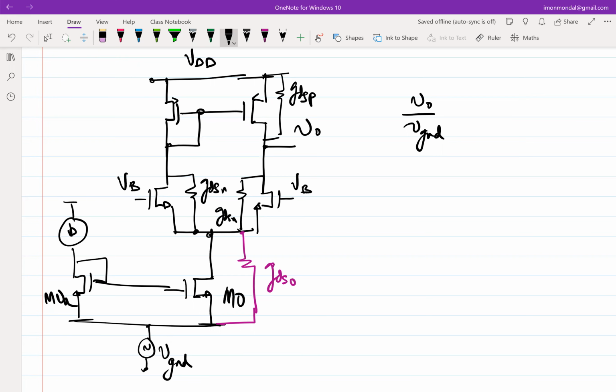Okay, so again, go by the same way, figure out what is the short circuit current, and then you can multiply it with the output resistance. Correct, right? Yes.